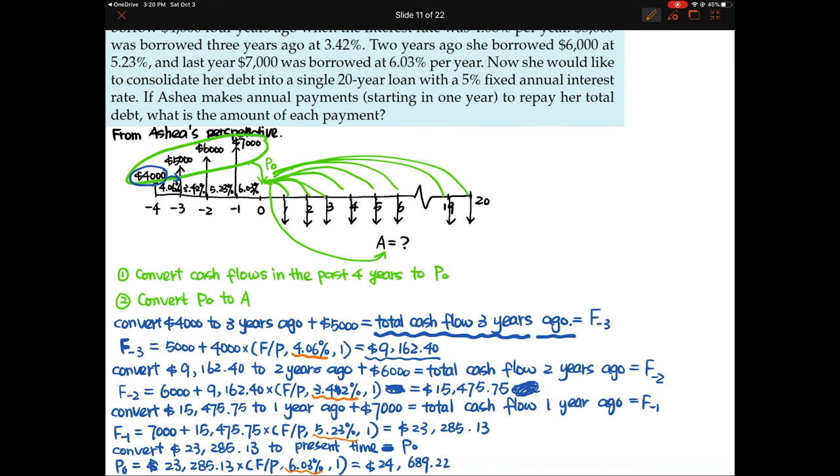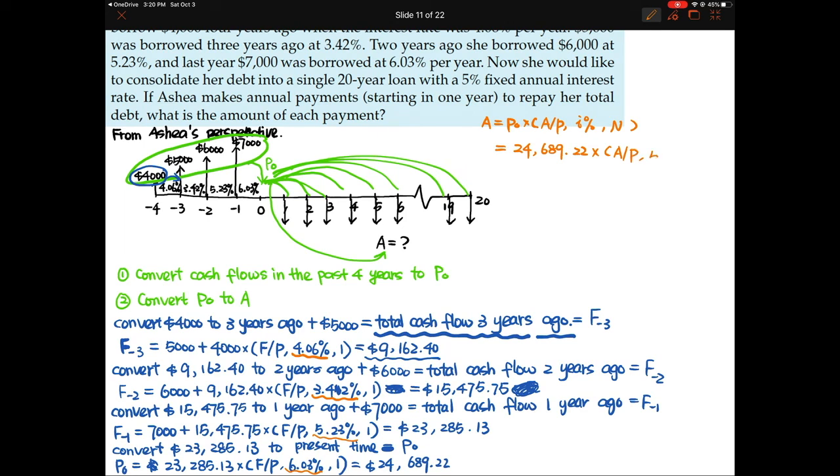And in this case, now we have converted all these 4 cash flows to the present time. The next step is to convert the present time value to annuities. So now it's easy. You just use the equation A is P0 times a factor, which is to find A given P, interest rate, and the number of periods. Your P0 now is 24,689.22 times the factor is A/P.